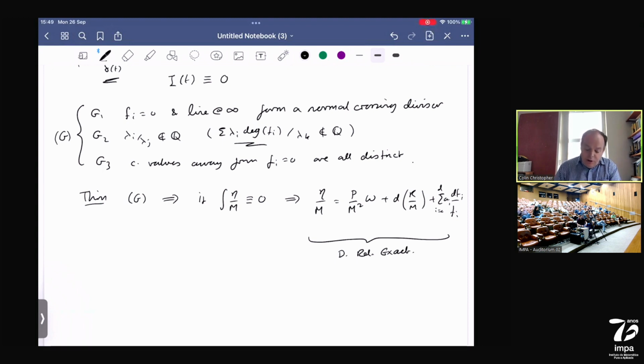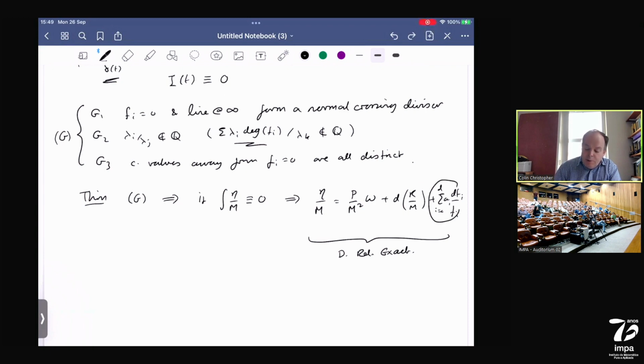If we look at this for a moment, we can also see that if something is Darboux relatively exact, then clearly if I'm integrating along cycles, omega is going to be 0, because we're integrating along omega equals 0. So this is going to be 0. This term obviously is going to be 0 because it's exact.